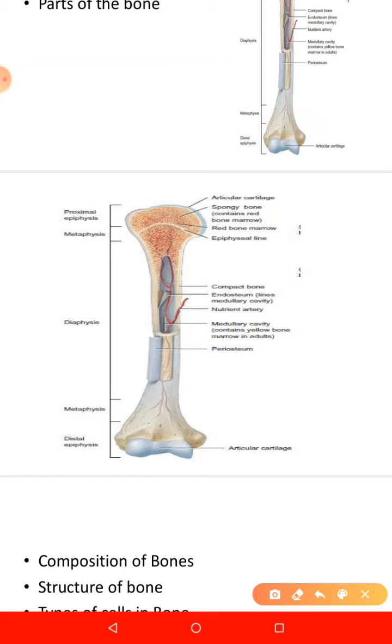There is a diaphysis, the mid portion of the bone. And then there is also the epiphysis, the wider extremity or head on either side. So we have the distal epiphysis and the proximal epiphysis. And then we have the metaphysis, the portion between the diaphysis and the epiphysis.